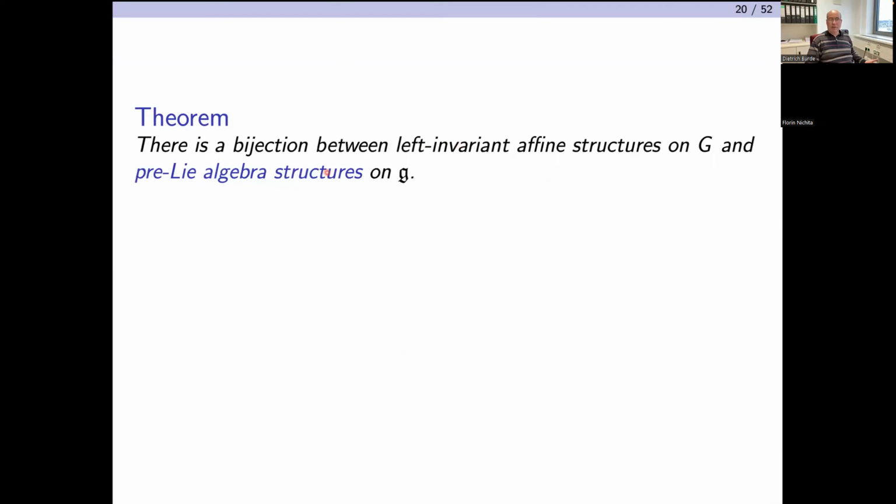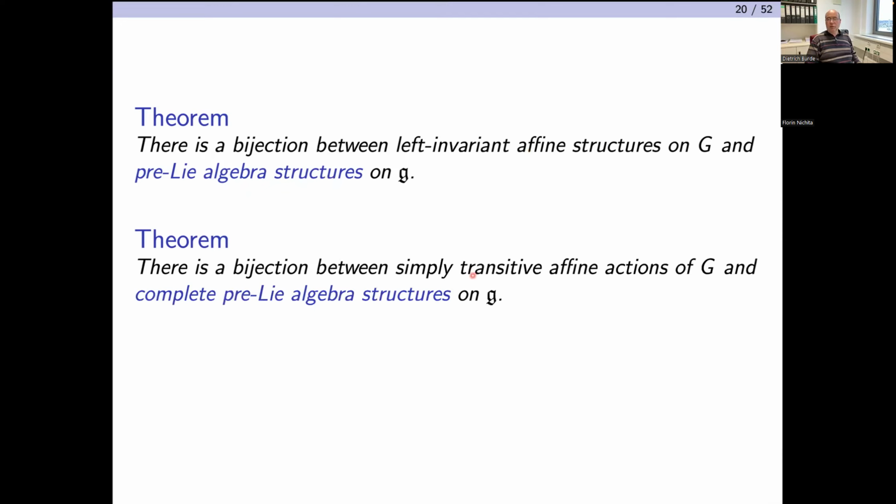And everything turns out to be pre-Lie algebra structures, more or less, up to suitable equivalences maybe. So these things correspond. These structures on the Lie group you can pull down to the Lie algebra level and you get exactly, again, these pre-Lie algebra structures.